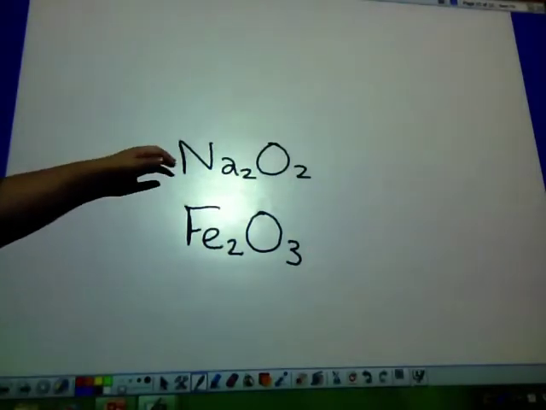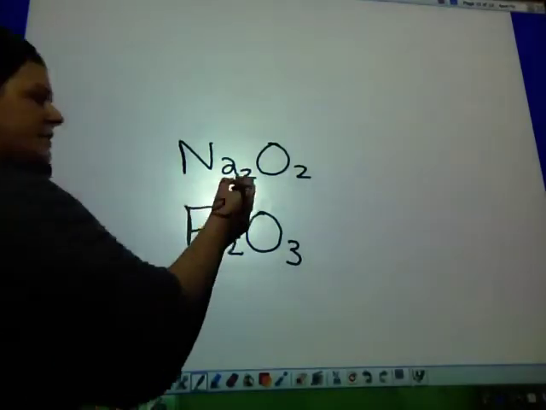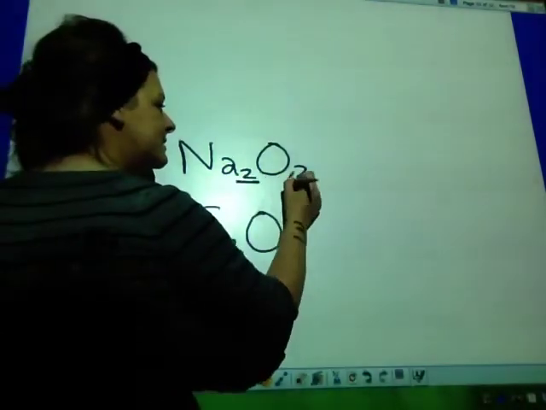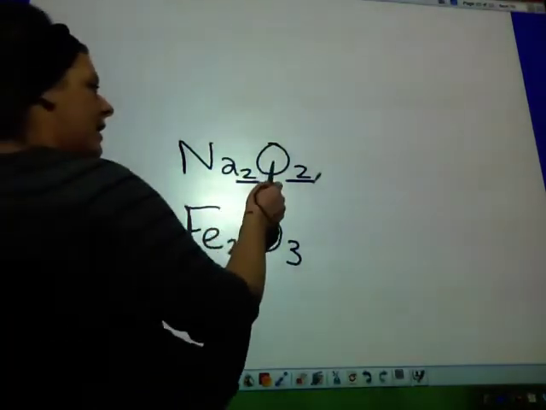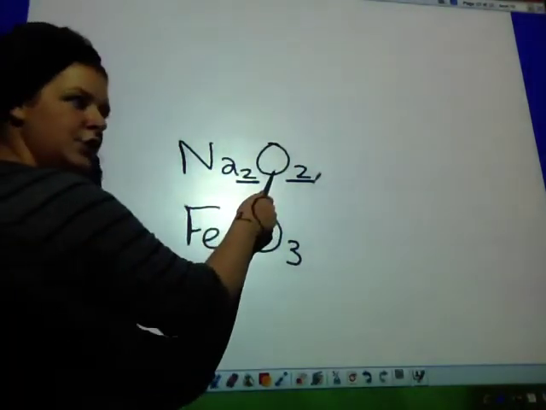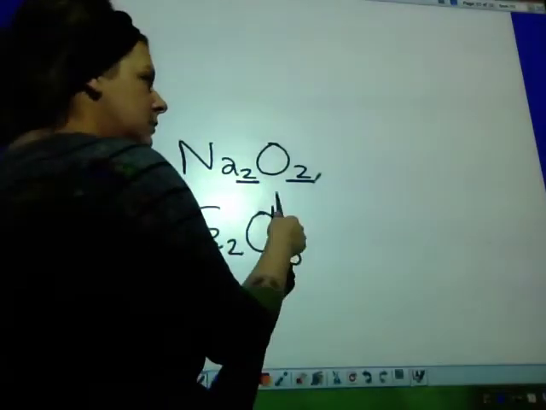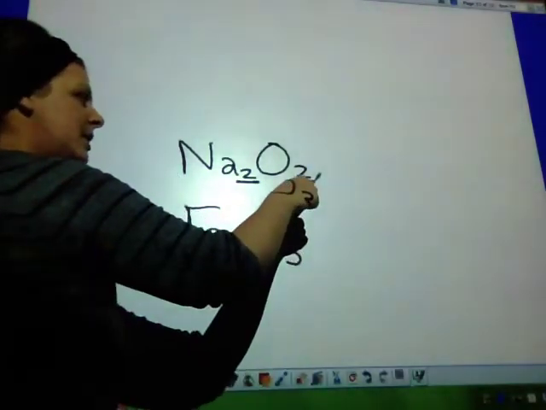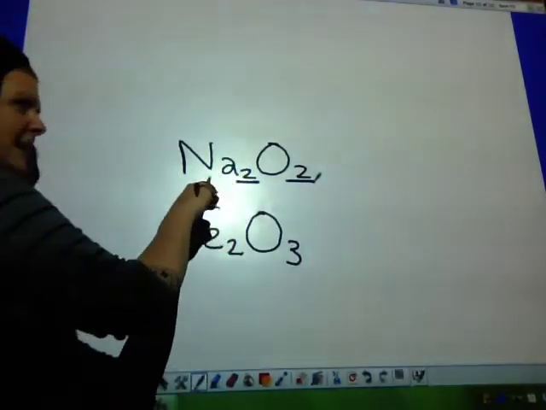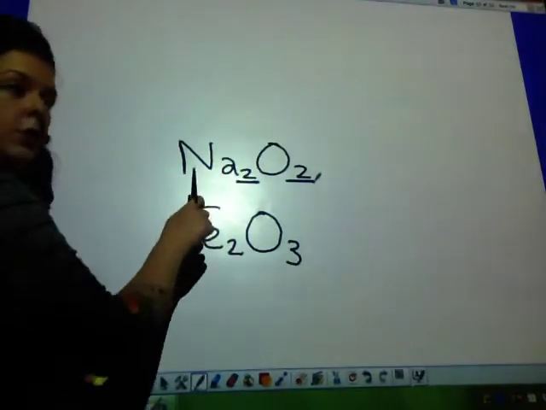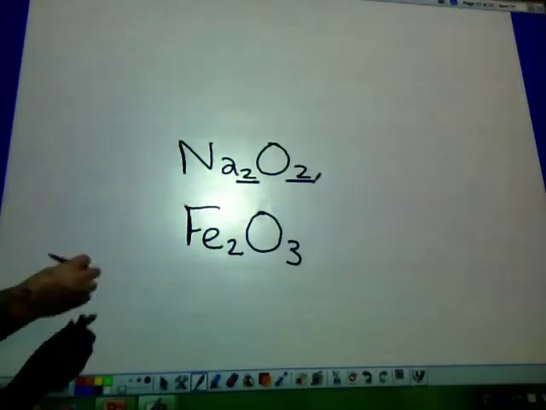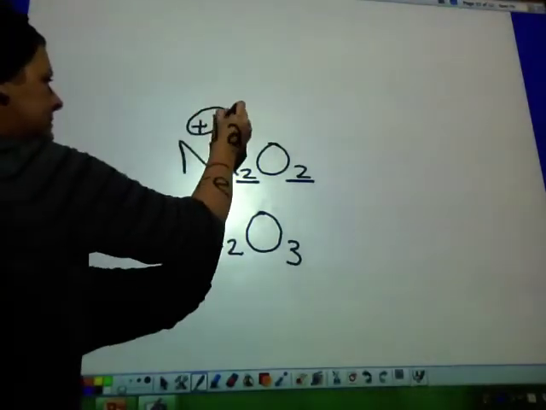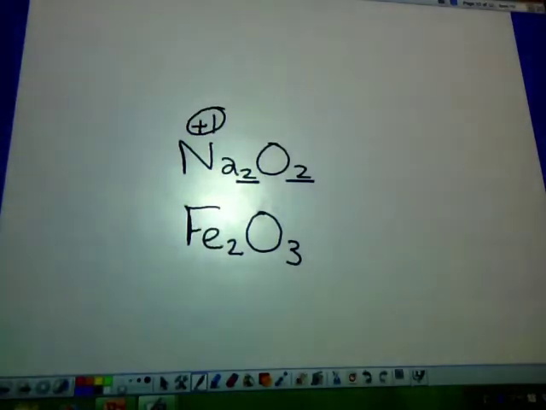I know that this is sodium peroxide because this has a 2 here and this has a 2 here. I get this 2 coming here because of the charge of oxygen we said is a -2. But this 2 from here would indicate that sodium had a charge of +2. But we know that sodium always has a charge of +1. Always. There's no exceptions to this.